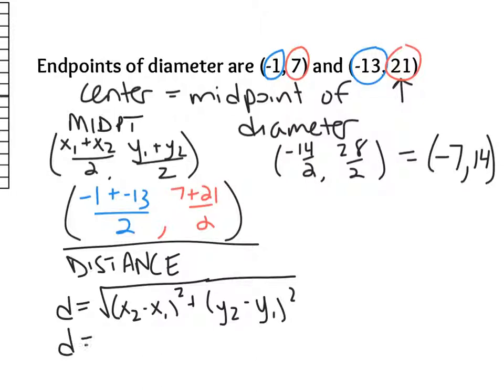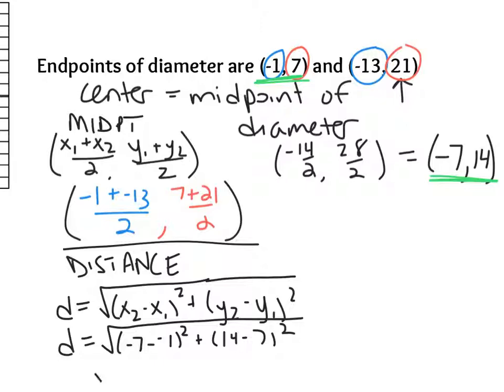Alright, so we want to be now using our center and one of the points. I'm going to use the first point just because it's smaller numbers. So I have -7 minus -1 and 14 minus 7.